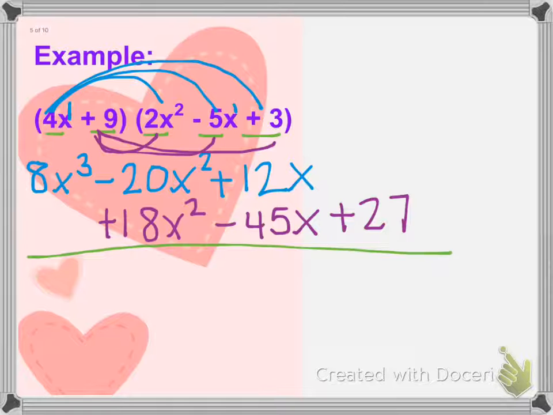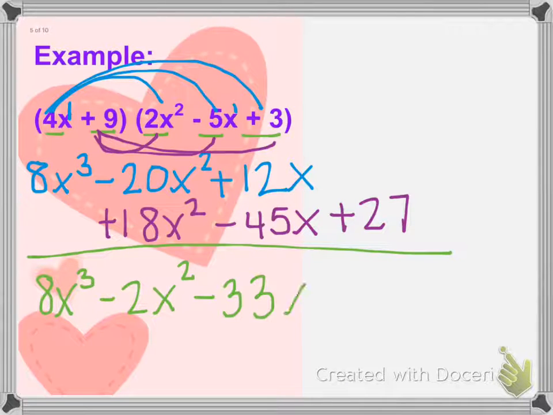So there were no other x to the third, so 8x to the third is by itself. Then you have a negative 20 plus 18, which is a negative 2, x squared. Then you have a positive 12 and a negative 45, which is going to give you a negative 33 x.